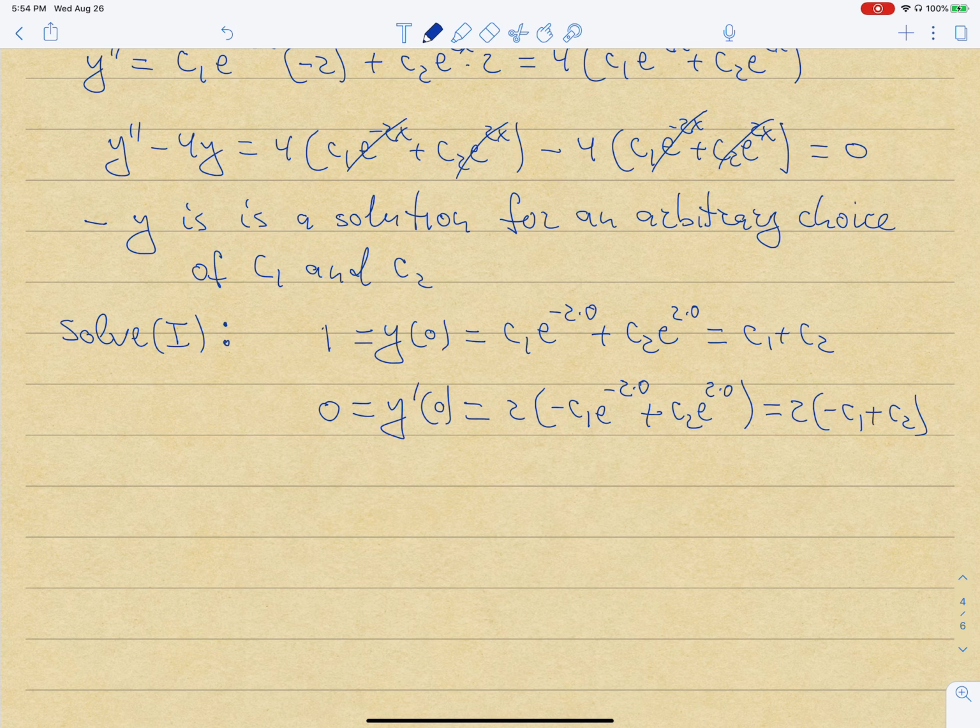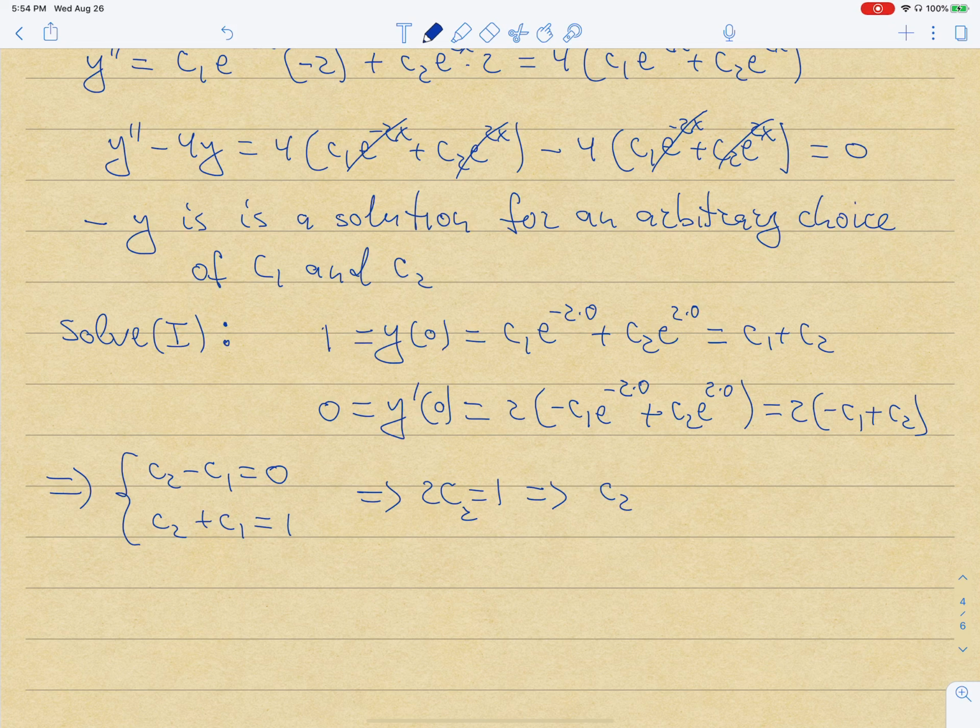Okay, so then from the second equation, we have that C2 minus C1 is equal to 0, and then from the first equation, we have that C2 plus C1 is equal to 1. And then, for instance, if I add two equations, I'm going to get 2C2 is equal to 1 because C1 will go away. So therefore, C2 is equal to 1/2.